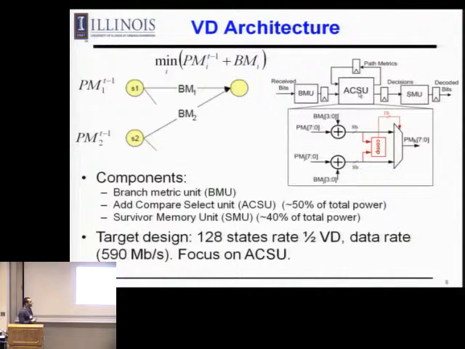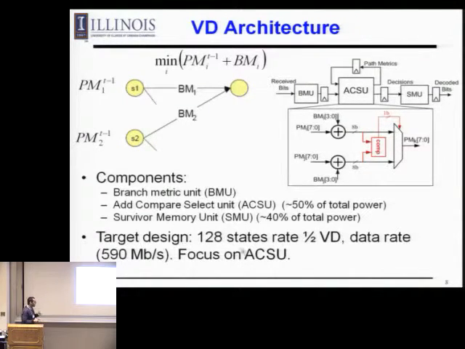You have an add, compare, select unit for each state, and as its name implies, it adds the branch metric to the path metric, compares the two possibilities, and chooses the minimum one. The decisions of the add, compare, select units are stored in a survivor memory unit. These survivor memory units are used to trace back the trellis.